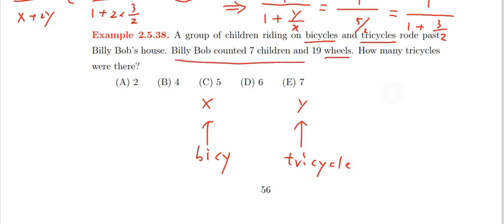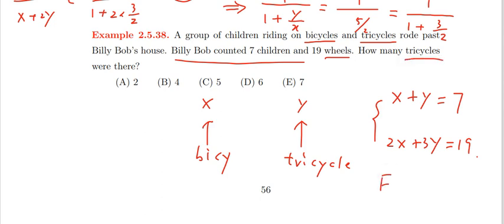Okay, so x plus y equals 7, and for the total wheels, we have 2x plus 3y equals 19. So we want to find how many, we want to find y, right? So we just cancel x.